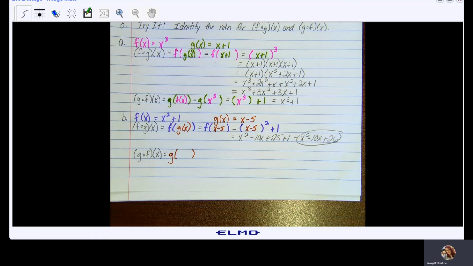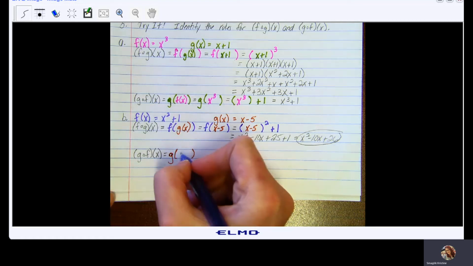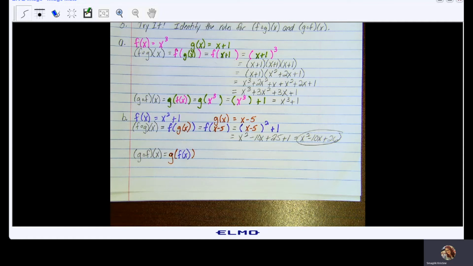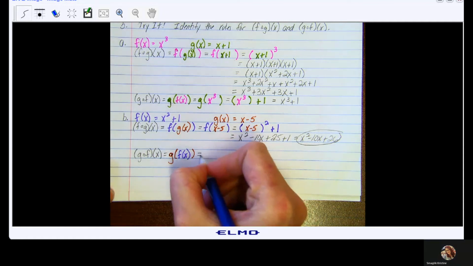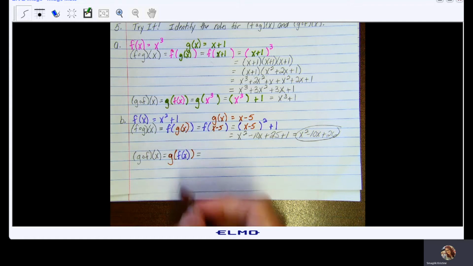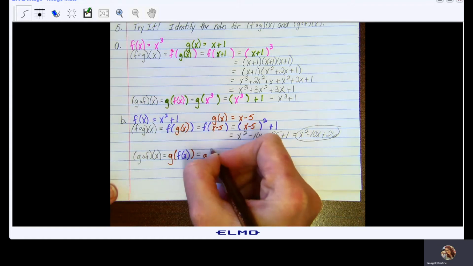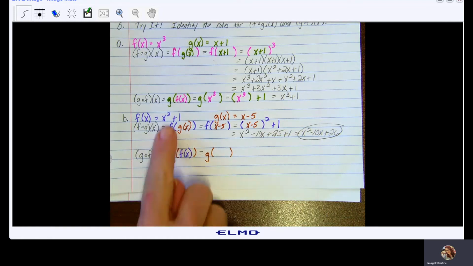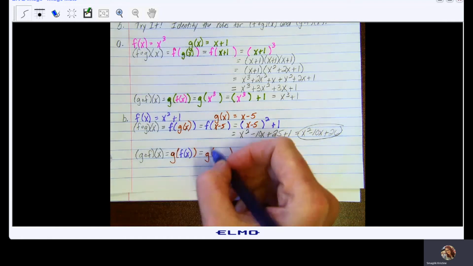And my input is going to be f of x. So again, I'm going to write this out. g, f of x is x squared plus 1.